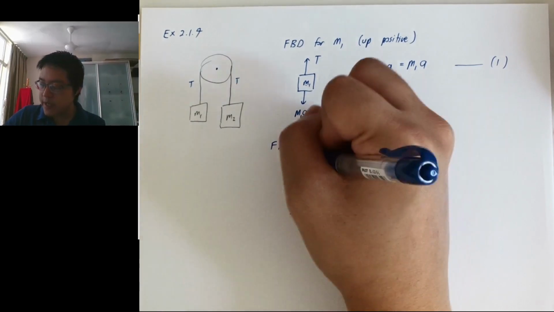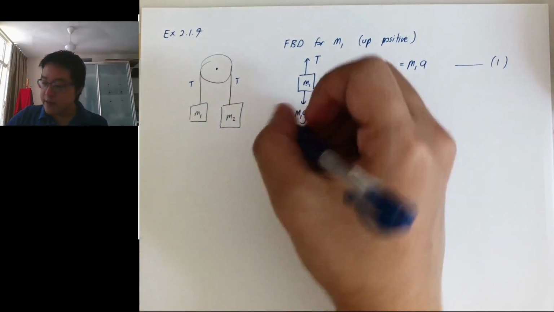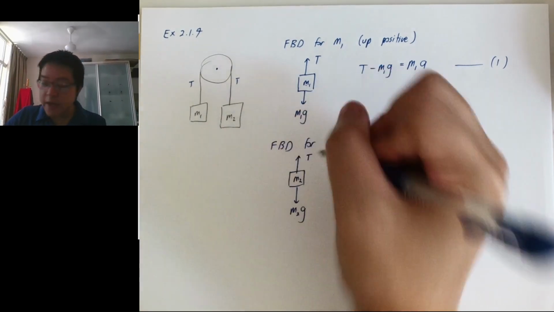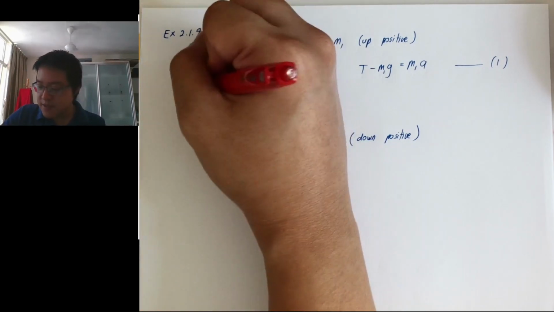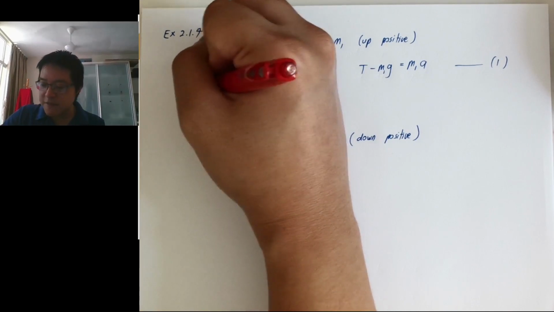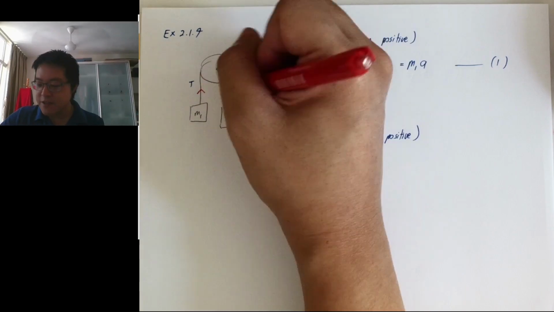M2 has a weight and it is attached to the string, and the direction is always away from the object as long as it is a cable. Remember, the most common mistake students make is that they start with the first free body diagram, draw the arrow there, and then follow it and draw the wrong direction.